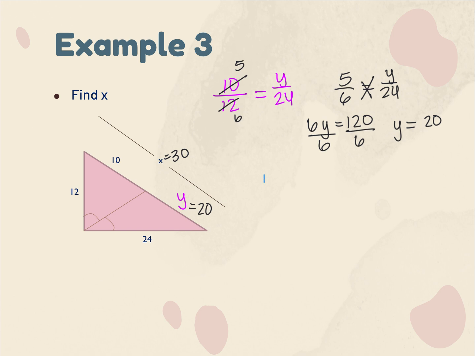Or you could have done 10 over y equals 12 over 24. You could again simplify. Cross multiply. Y is still going to equal 20. Okay, questions on this?